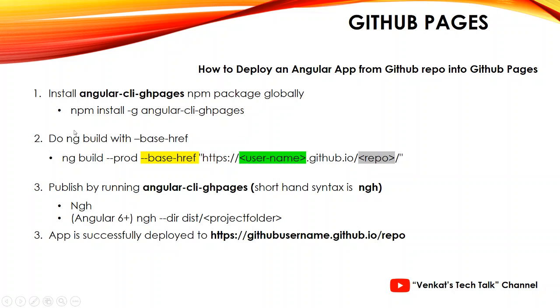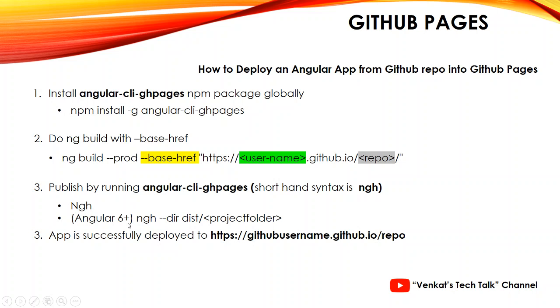Okay, and we need to run the second step of doing ng build with all these parameters, and the third step is running the Angular CLI GH pages command. A shortened syntax for it is ngh. If it is Angular 5 or above, just running ngh is sufficient.